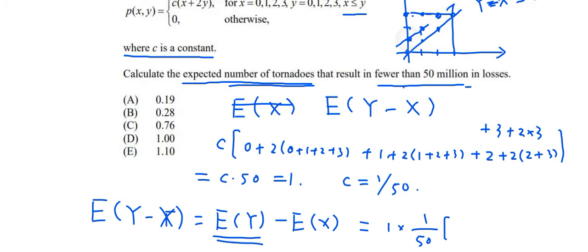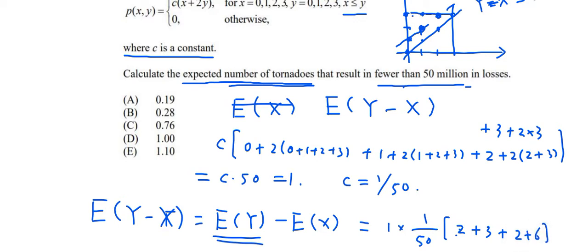The probability weight is X plus 2Y. For X equals 0, Y equals 1, this is 2. For X equals 1, Y equals 2, this equals 5. For X equals 2, Y equals 3, this is 8.